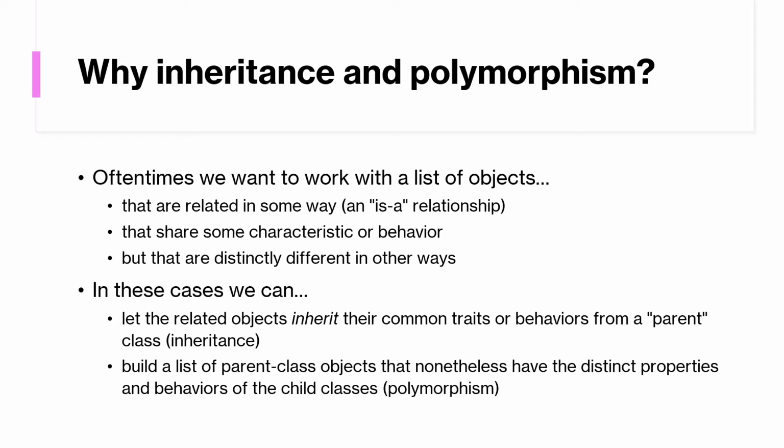We can build a list of parent class objects that nonetheless have the distinctive properties and behaviors of the child classes. Okay, the fact that we could make a list of vehicle, call it an array or a vector of vehicle, and we can populate that with a car here, a motorcycle there, a truck there, another car.